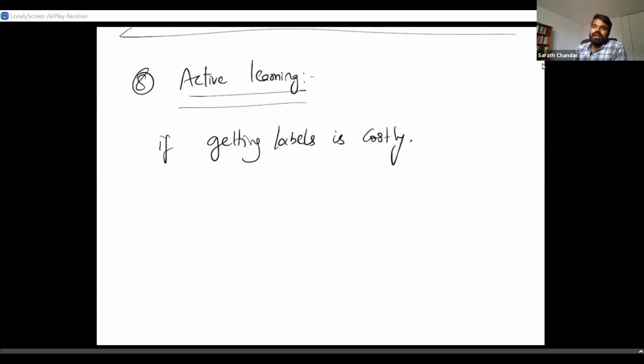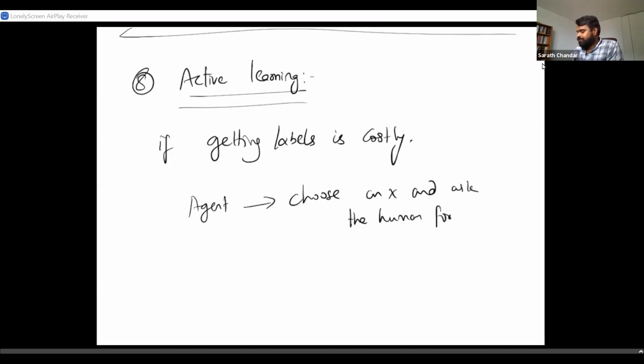The whole idea behind active learning is you have an agent, and you want to train this agent. You give the agent a bunch of x and y and a lot of unlabeled examples. Now this agent is going to choose an x and ask the human for the label. So it is going to actively ask the human, what is the label for this x? What is the label for this x?